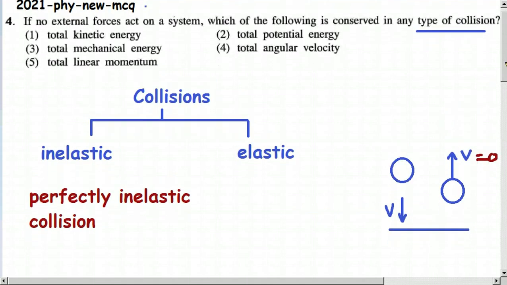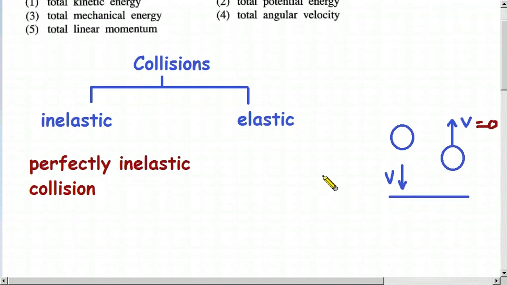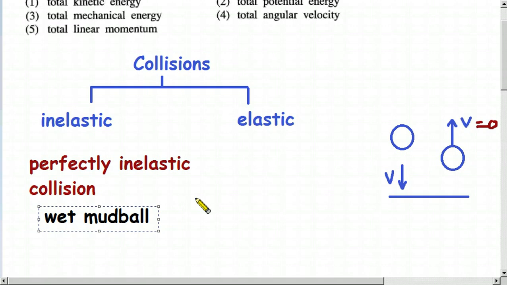An example for such a collision is a wet mud ball. If we throw a wet mud ball at a wall and it sticks there without falling, that sort of collision is called a perfectly inelastic collision. Sometimes we say totally inelastic collisions.